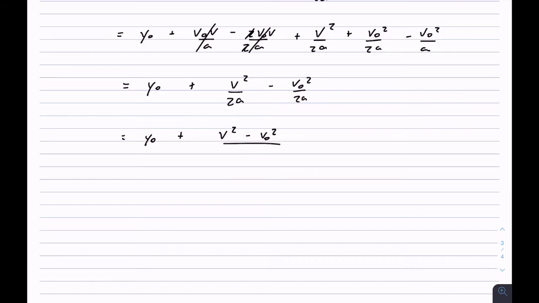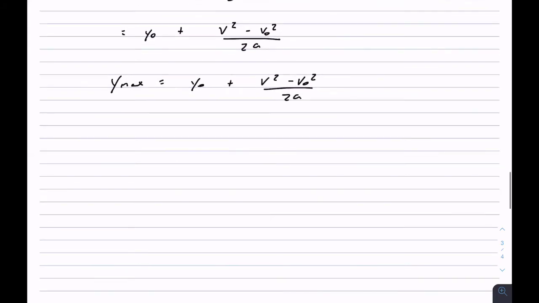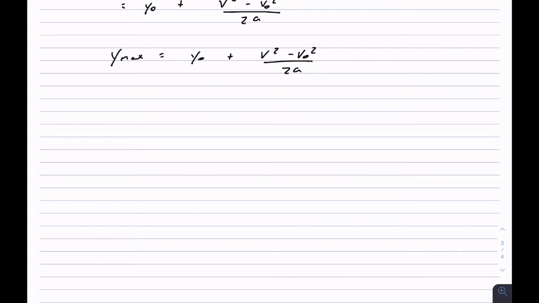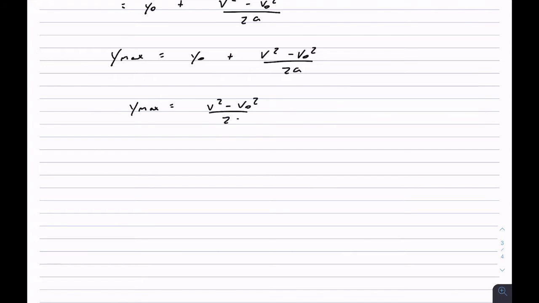V naught squared over 2a. Okay, so this is y max: v squared minus v naught squared over 2a. So in our case, we actually have y naught equal to 0, so our y max is equal to v squared minus v naught squared over 2a.